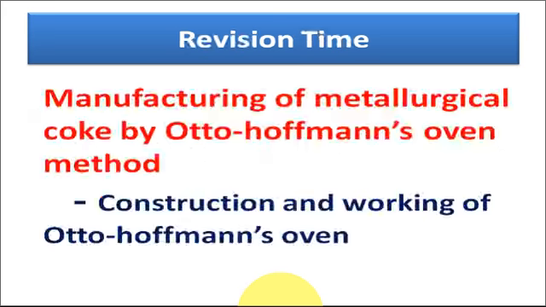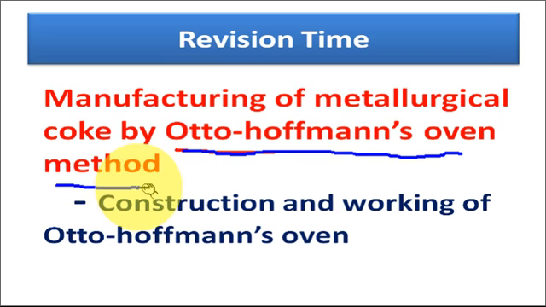So what we have learned in today's lecture is the manufacturing of coke, metallurgical coke basically, by the Otto Hoffmann's oven method, in which the main advantage is the recovery of all the useful byproducts, which are mainly ammonia, tar, naphthalene, benzene and its homologous compounds, and most important the coal gas, which is the gaseous fuel.